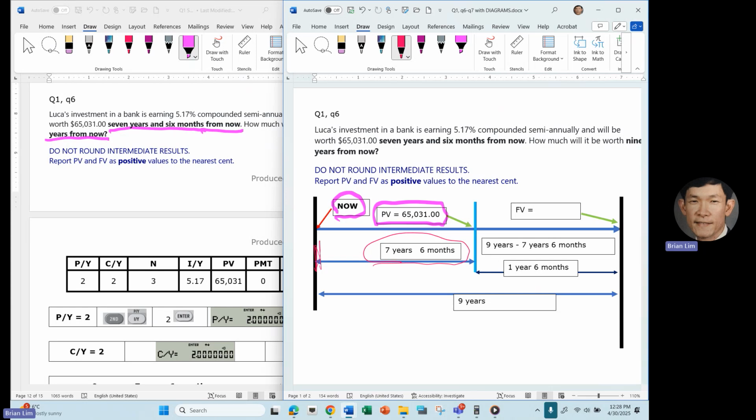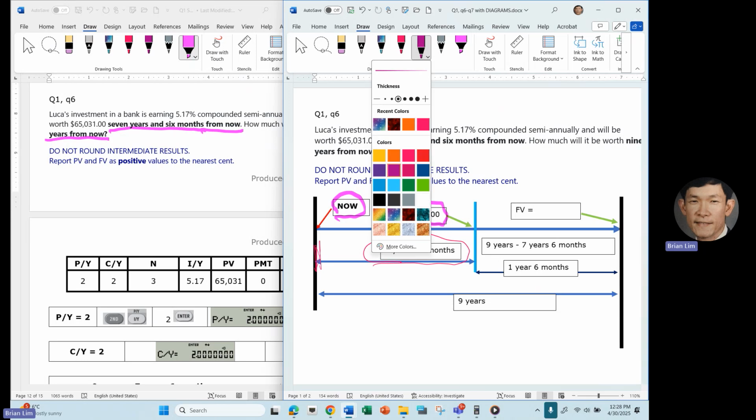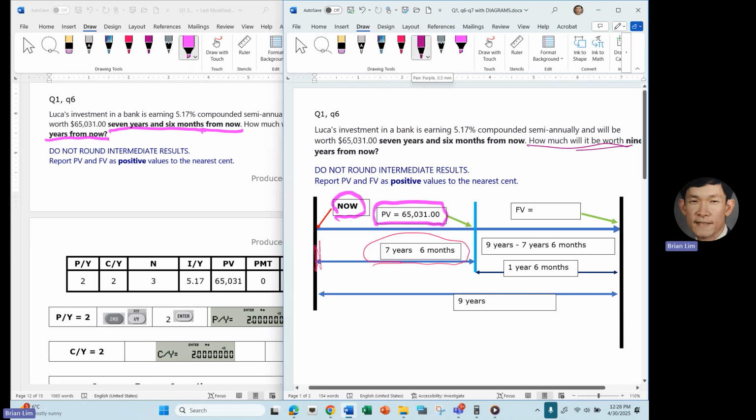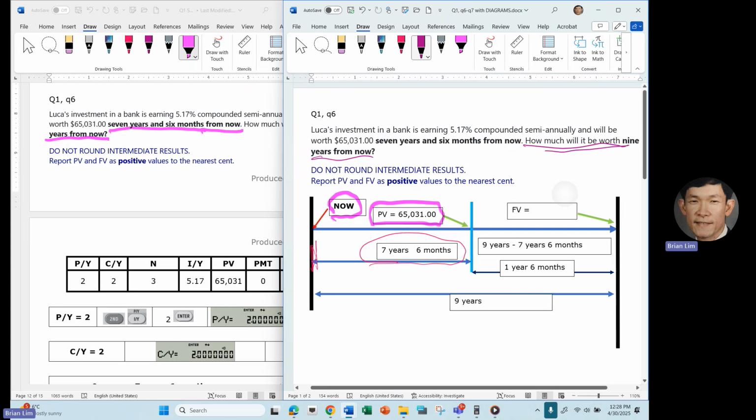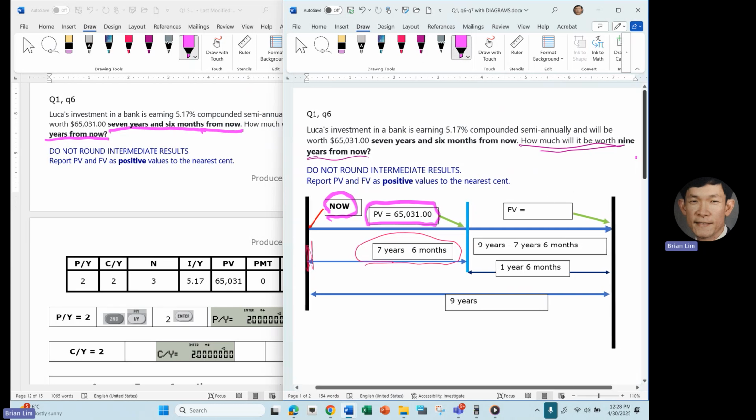Now, what is required is how much will it be worth 9 years from now? Okay, let's pull in the 9 so you can see it. So we wanted 9 years from now. So from here to here is the 9 years, okay? And we have the amount at this point in time.